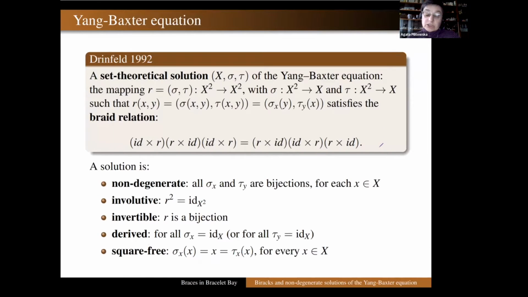To establish notation, I will focus on set-theoretical solutions presented by Drinfeld, and I will understand a solution as a set with a mapping R, which is determined by two components, sigma and tau, and this mapping R is related to the braid relation.